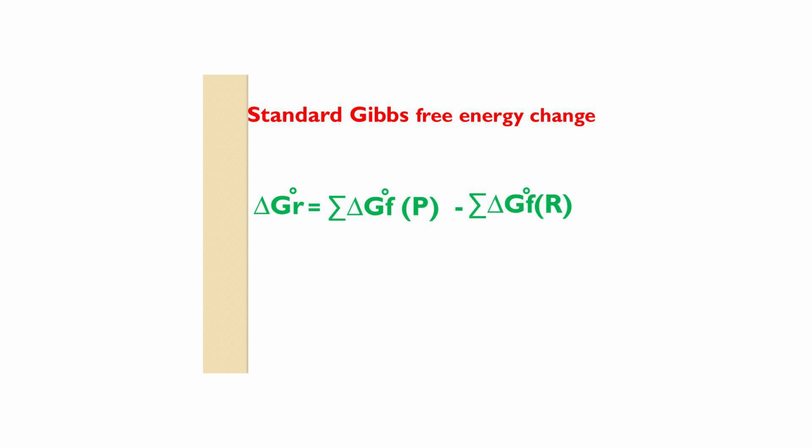Standard Gibbs free energy delta G0 R is equal to sigma delta G0 f of products minus sigma delta G0 f of reactants. This is the equation for standard Gibbs free energy.